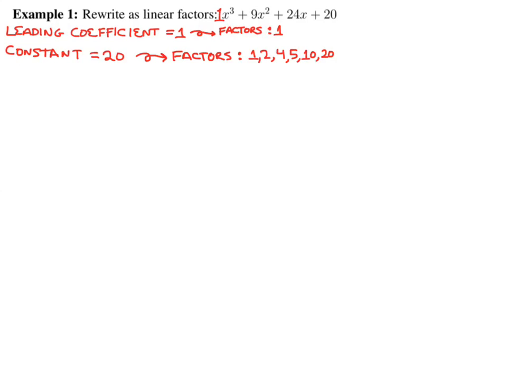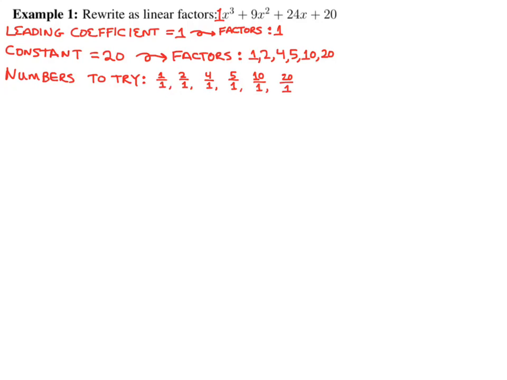Now, this means that the only numbers we should bother trying are the numbers where the numerator is from that list of factors of the constant, and the denominator is from the list of factors of the leading coefficient. Because this is the first example, the leading coefficient was 1, so all the denominators are 1.